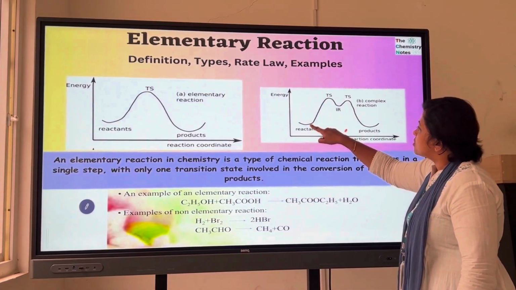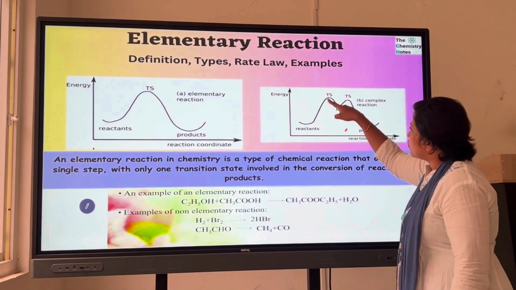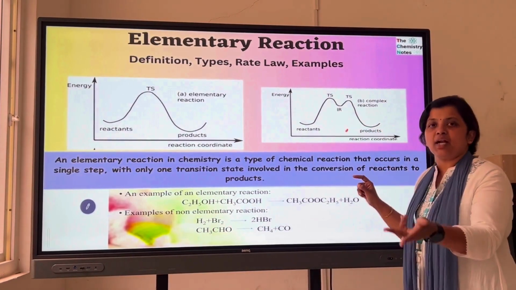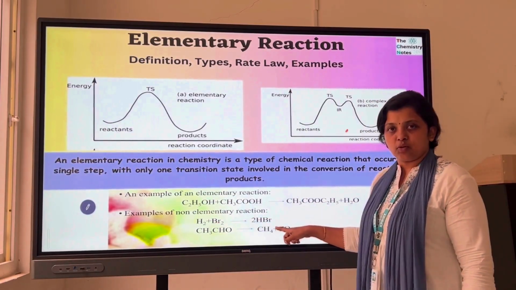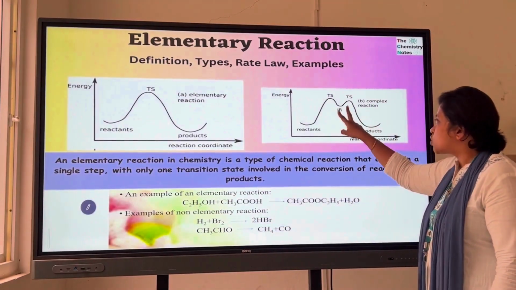From the reactant to the intermediate, we can write one reaction. From the intermediate to the product, we can write another reaction. But all together we mention one single reaction only, and to get this product it takes two steps.